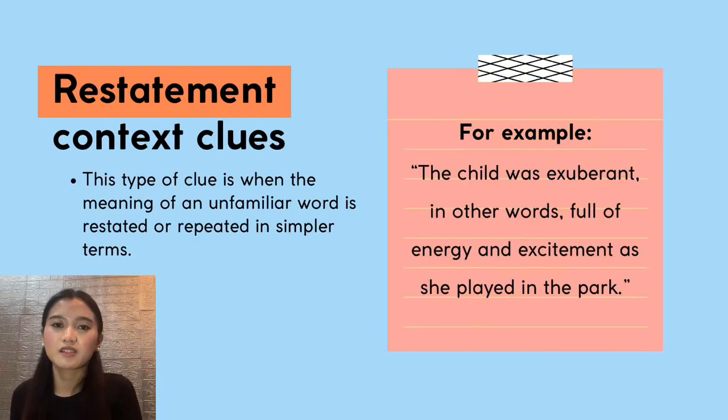The next type is restatement context clues. Here, the author restates or repeats the meaning of the unfamiliar word using simpler terms. For example, the child was exuberant, in other words, full of energy and excitement as she played in the park. The phrase "in other words" signals that the sentence is restating the meaning of exuberant, so we know that exuberant means full of energy and excitement.